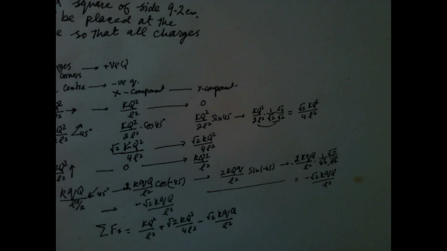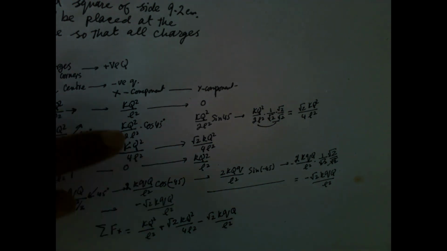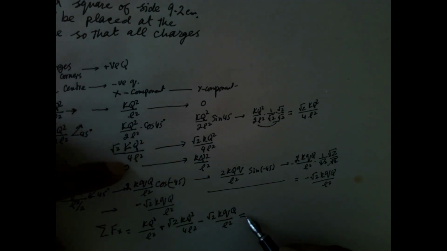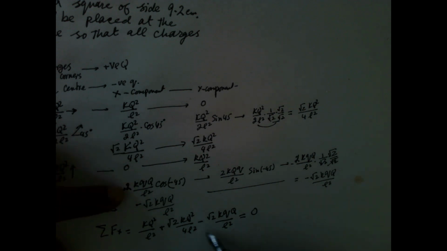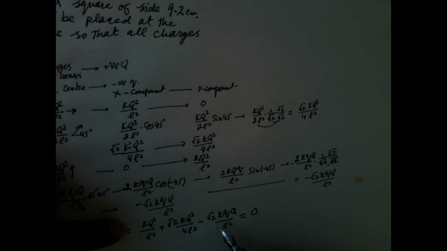We have to find the value of small q, so this should be equal to 0. If it is 0, then we add them together.